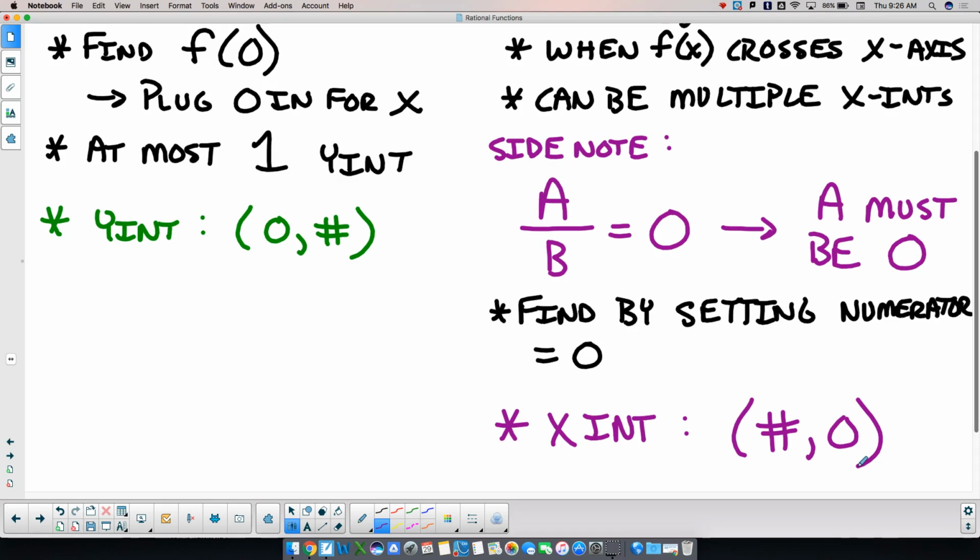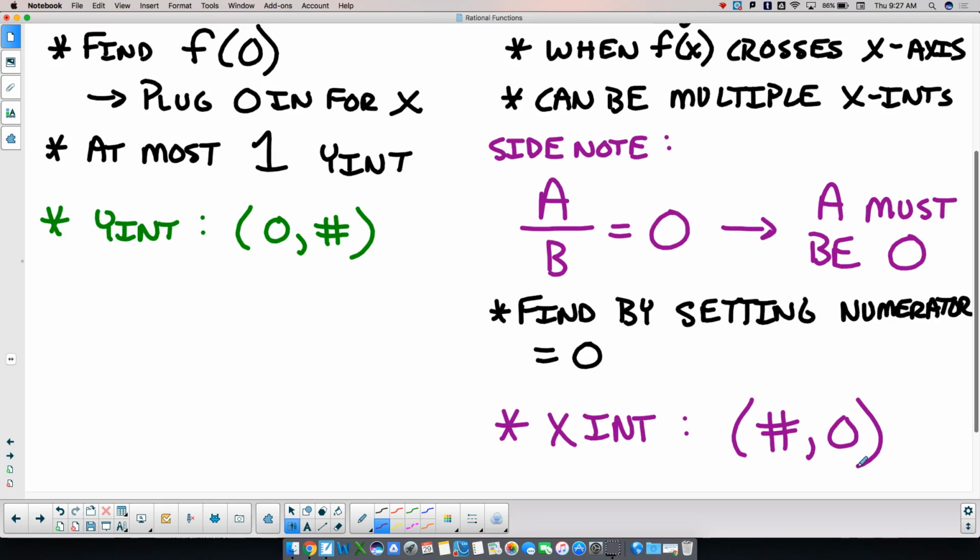Now, with both y-intercepts and x-intercepts, sometimes we'll have them, sometimes we won't. Sometimes you'll have one of each, sometimes you might have none of each. If your vertical asymptote is x equals 0 and your horizontal asymptote is y equals 0, you won't have any intercepts whatsoever.